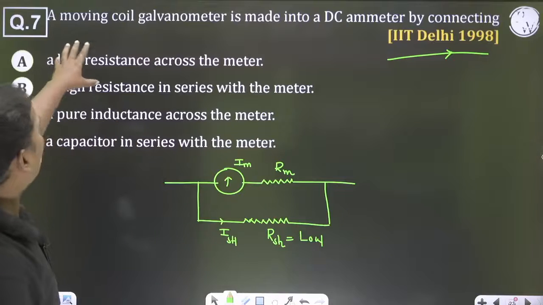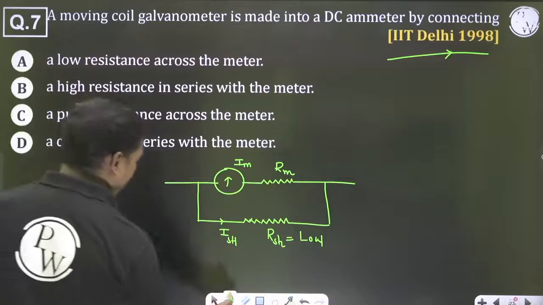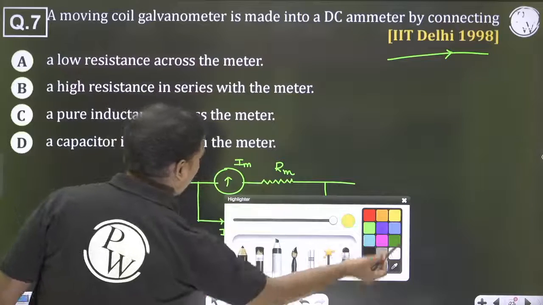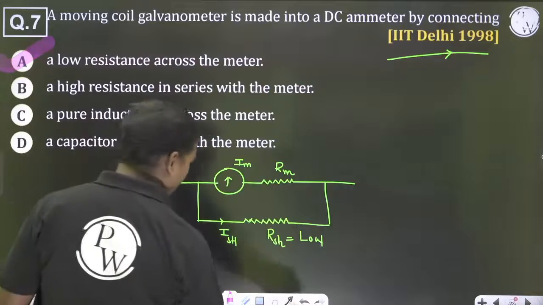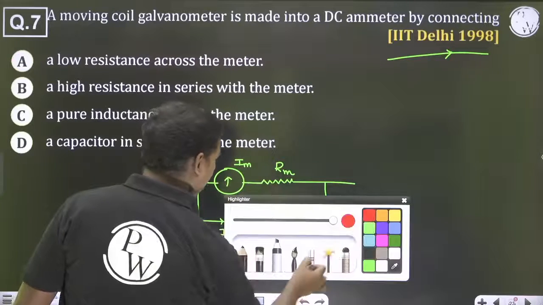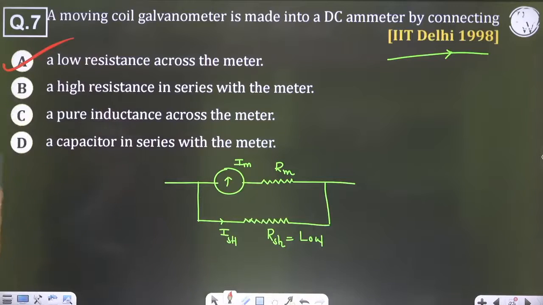A moving coil galvanometer is made into a DC ammeter by connecting a low resistance. Connecting a low resistance across the meter, or a high resistance in series?